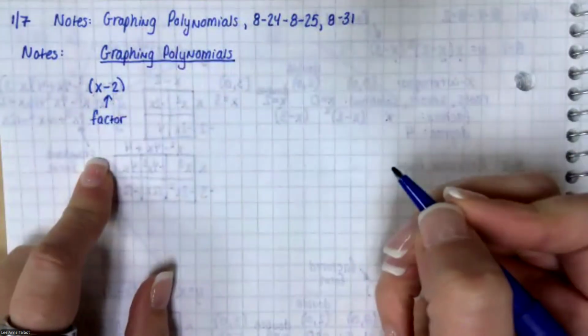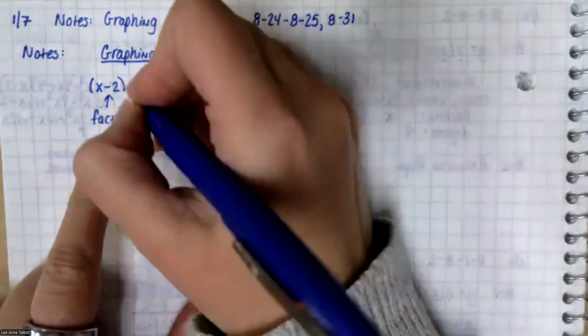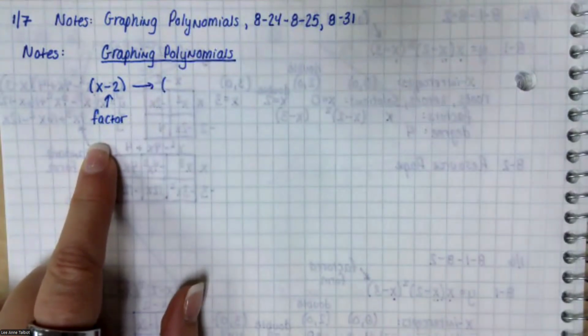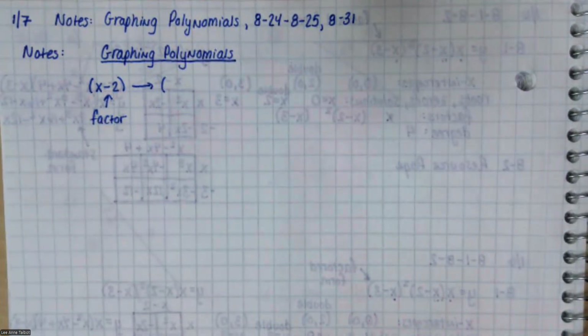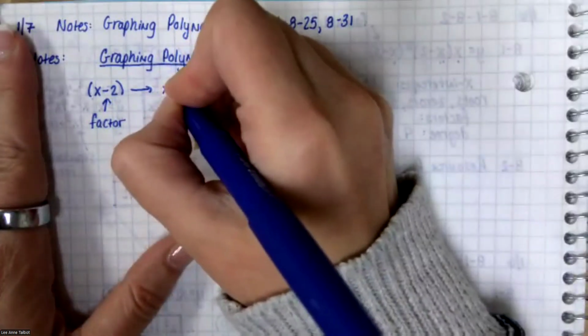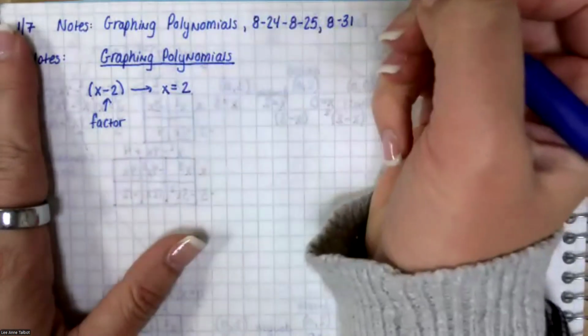It's a factor when it's in the parentheses. When we take it out of the parentheses, we put x equals, and then we switch the sign.